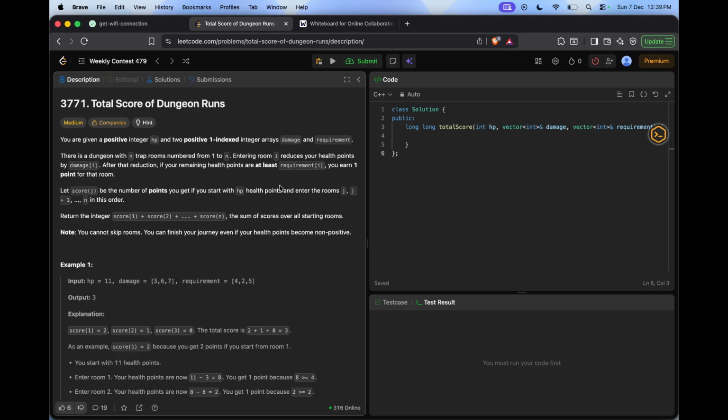After that reduction, if your remaining health points are at least requirement i, you earn 1 point for that room. Let score j be the number of points you get if you start with HP points and enter room j in this order. Return the array score from score 1 to score n, the number of points over all starting rooms.